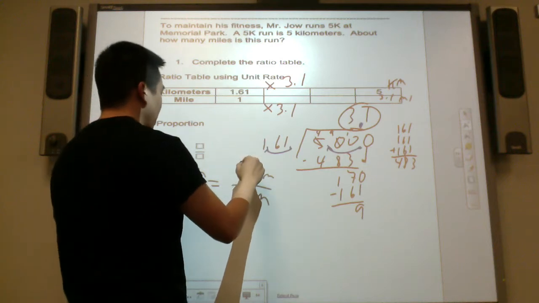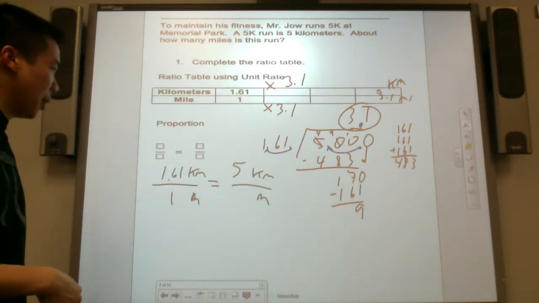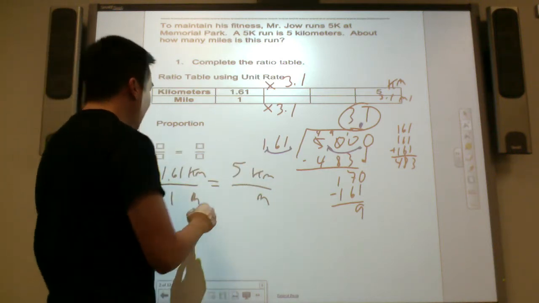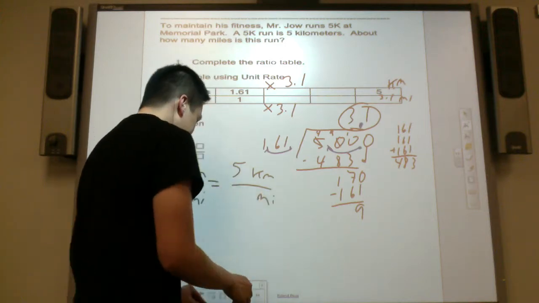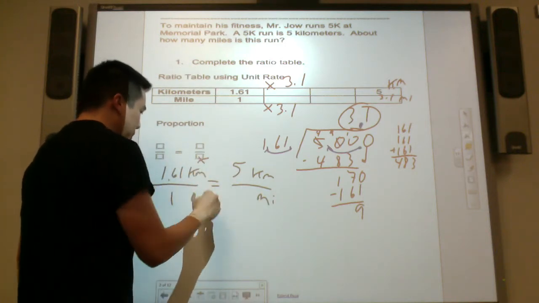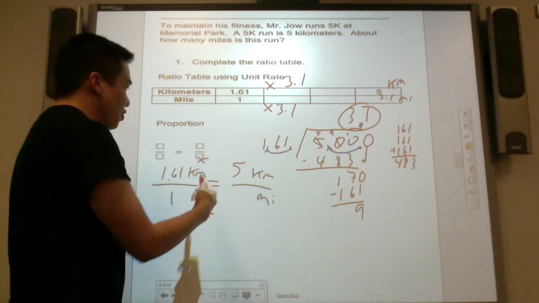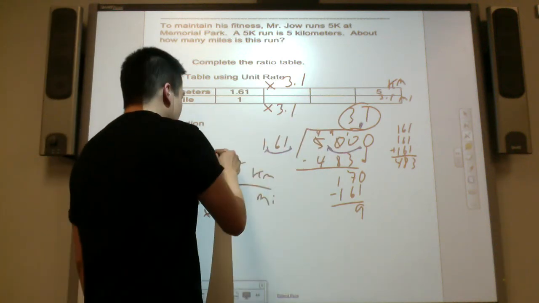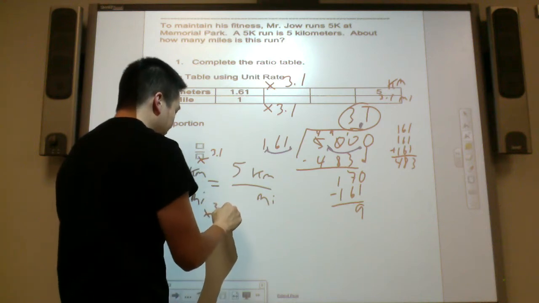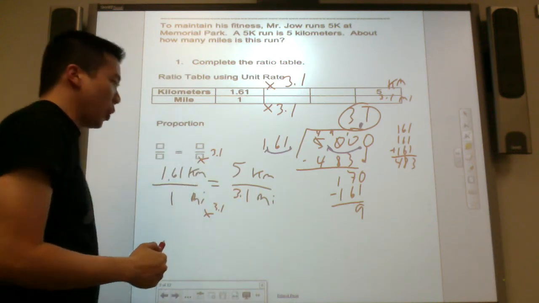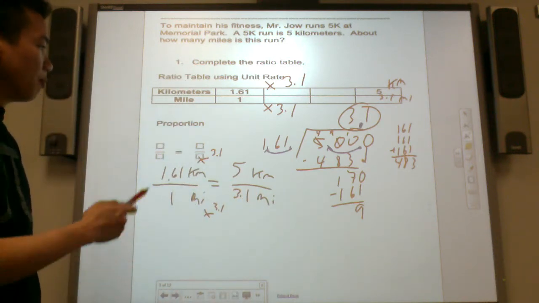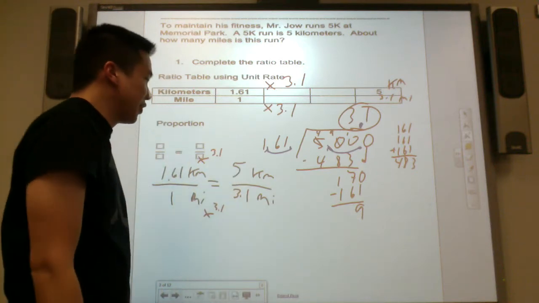If I run 5 kilometers, how many miles will there be? So what do I multiply? I need to build up from 1.61 to 5. So we already found it. You multiply it by 3.1. So there are 3.1 miles for every 5 kilometers.